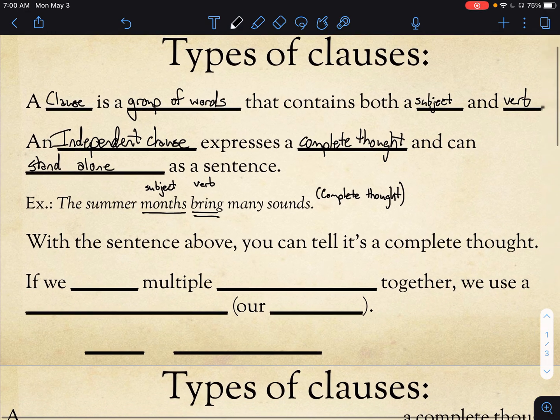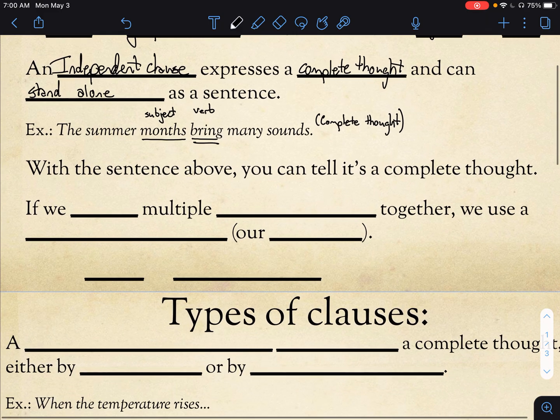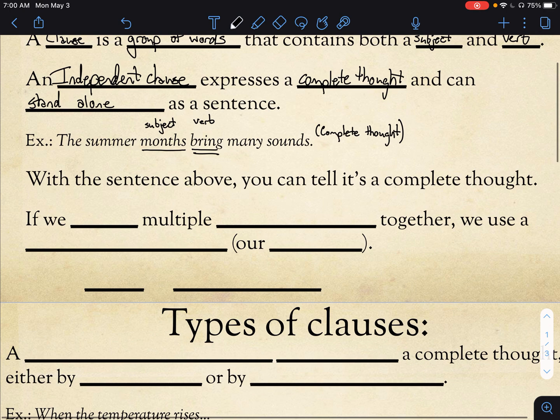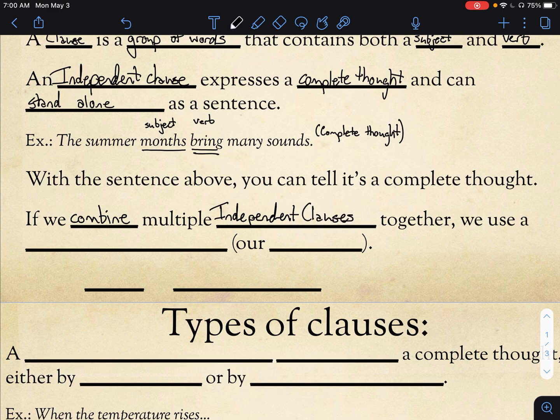Continuing, remember our fanboys? Well, here's where we use them. If we combine multiple independent clauses together, we use those coordinating conjunctions, which, if you remember, are our fanboys.